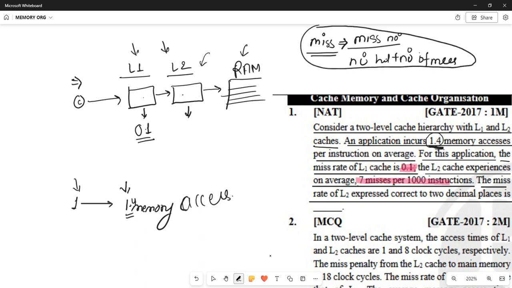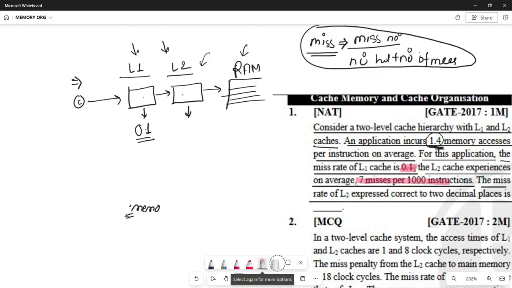So 1.4 memory accesses are needed per one instruction, and there are 1000 instructions that need to be executed. So 1000 into 1.4 means 1400.